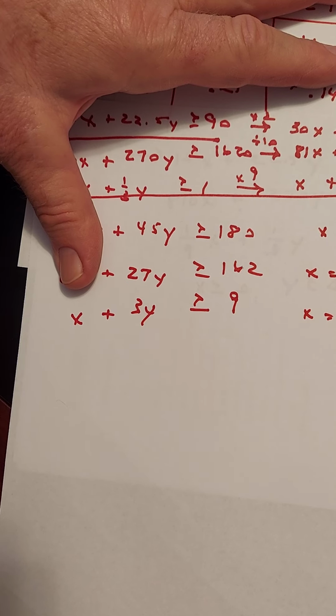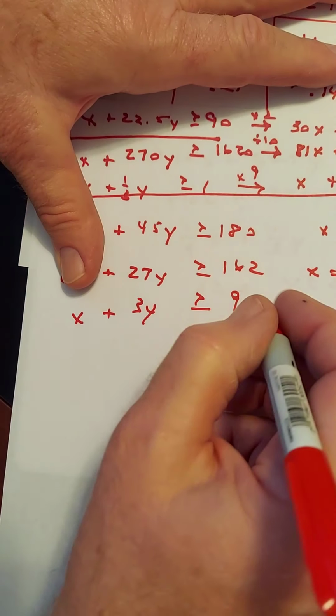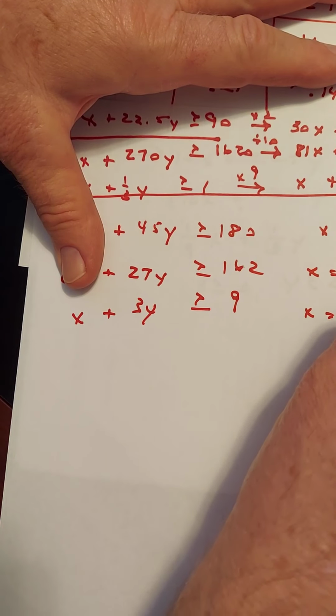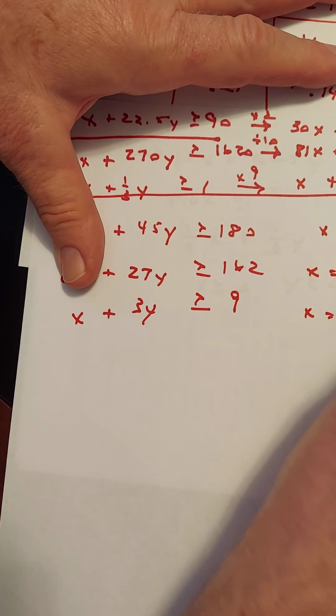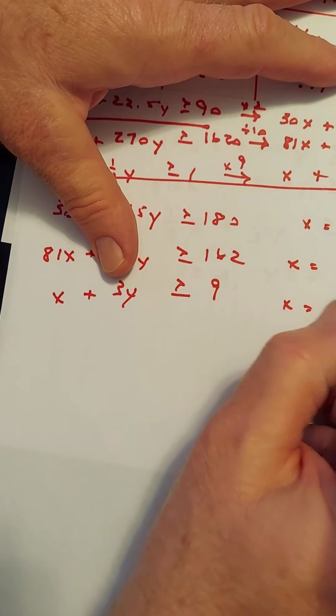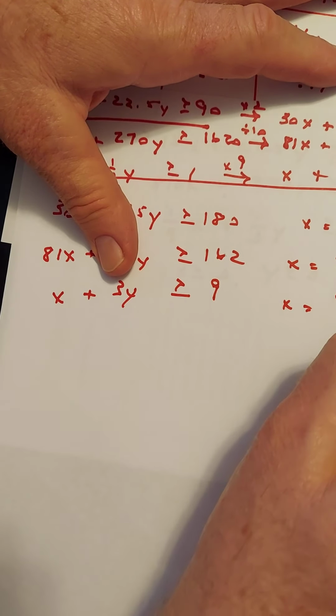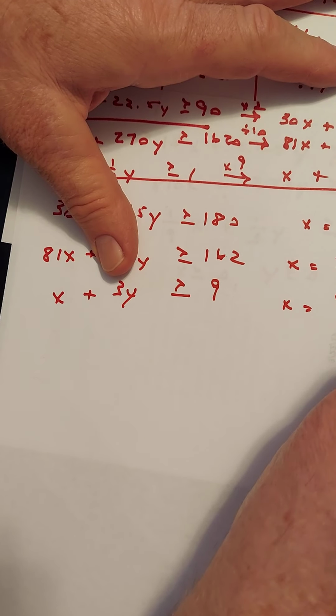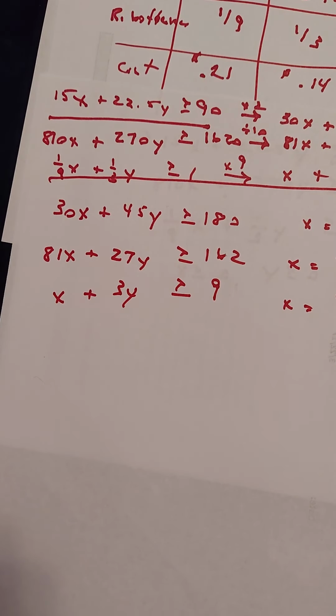Let's just see. 6, how about that? And then the last one, the x value would be 9 and the y value would be 3.